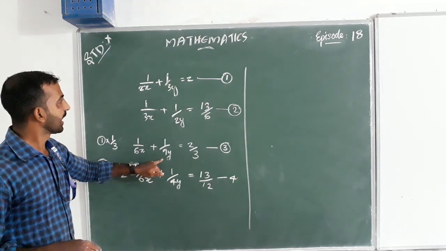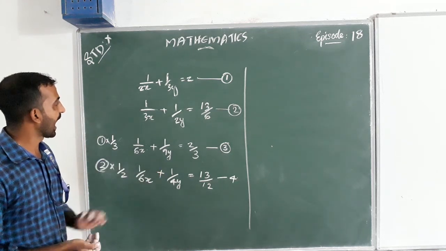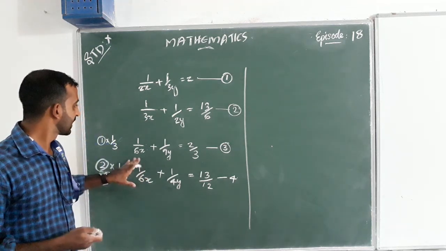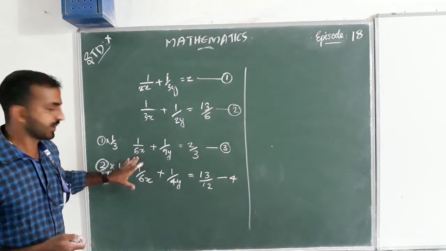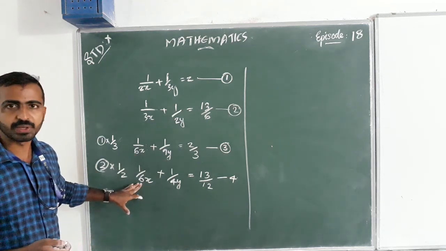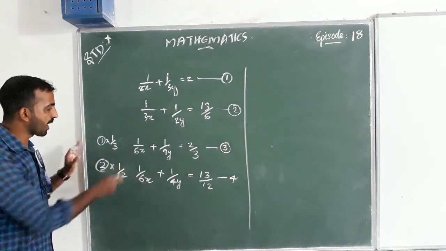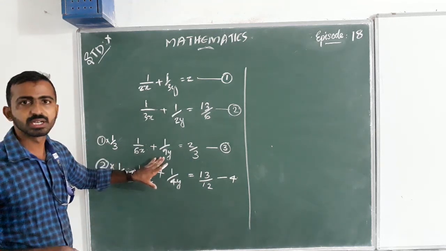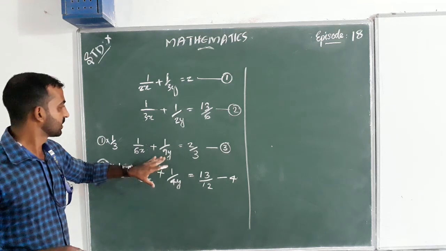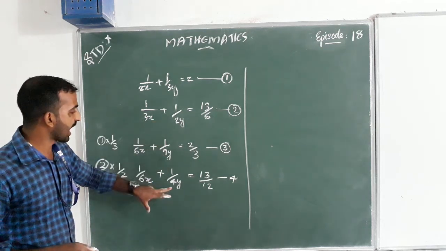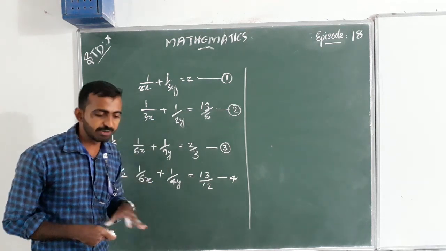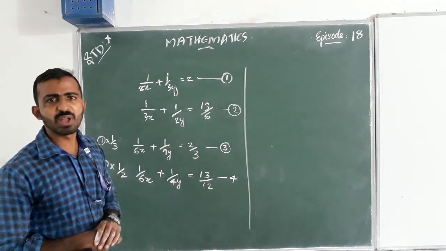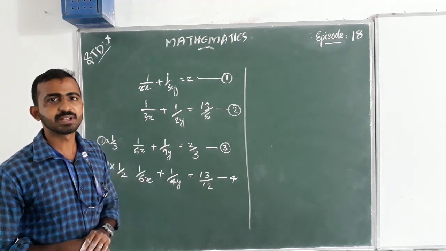Here is 9y and here is 4y. Here is 6y and here is also 6y. We can take 1 by 6x is equal to p, but here we can't take like that, because 1 by 9y and 1 by 4y are different, is it? Yes. So which way do we take?